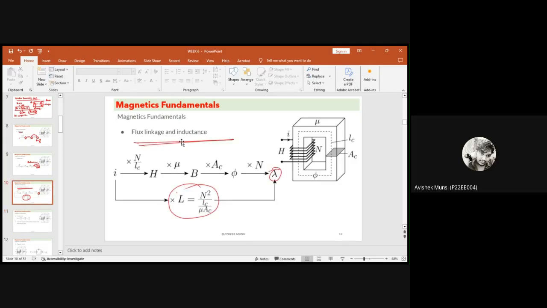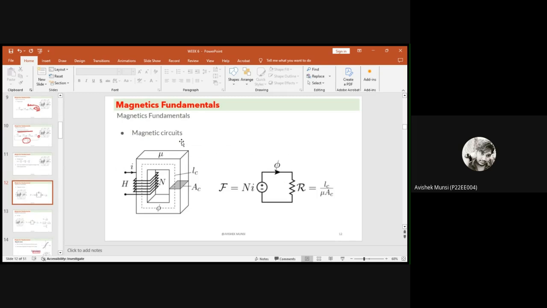So the magnetic circuit, if you see here, is basically analogous to the electrical circuit. In the electrical circuit we have resistance; here we have R, which is reluctance.